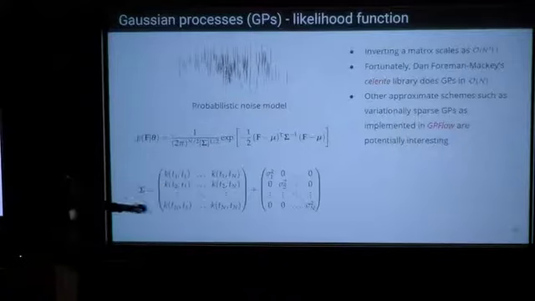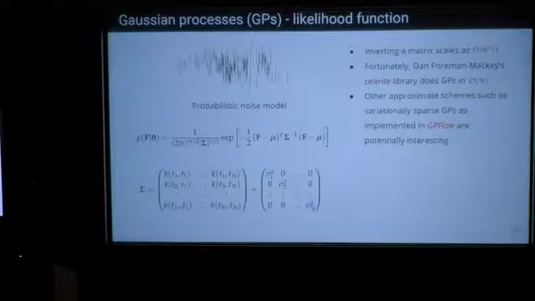And the kernel function depends only on the time, okay? So it depends only on the difference. Say I have 2 time measurements, T1 and T2, the kernel function depends only on the difference between the 2.